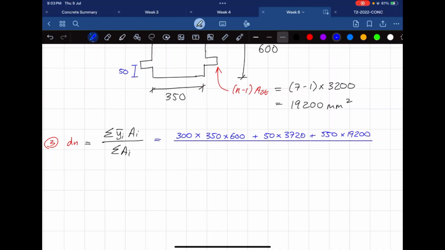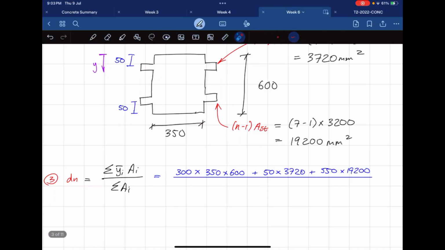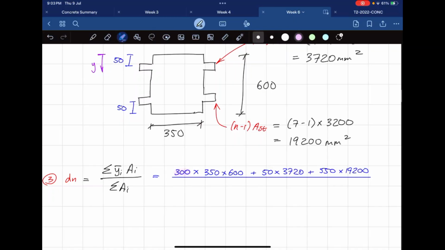Okay, cool. So that's the numerator. This is y, this is yi. This is the centroid of each component, and this is the area of each component.